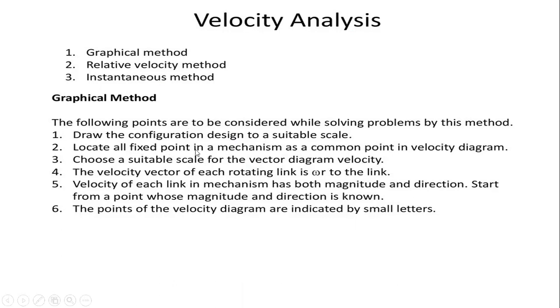First point, draw the configuration diagram to a suitable scale. We draw the configuration of all the elements to a suitable scale, then locate all the fixed points in the mechanism and take the fixed points as a common point in the velocity diagram. For example, if A and B are fixed points, they are taken as one point in the velocity diagram.